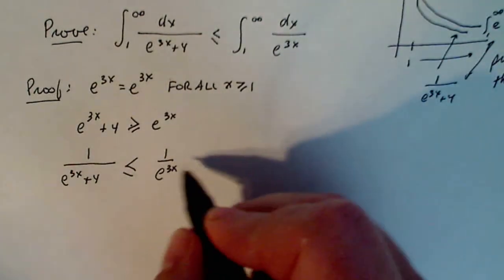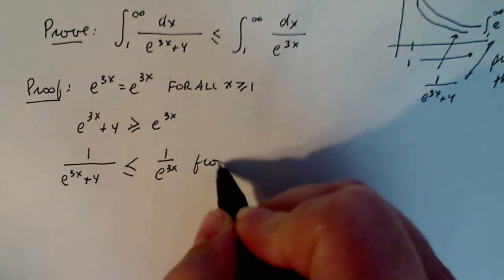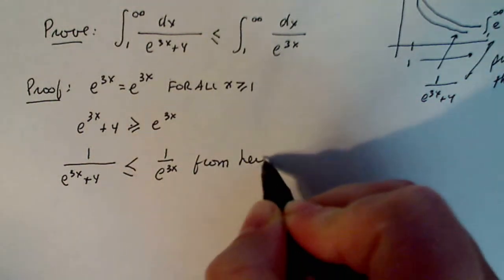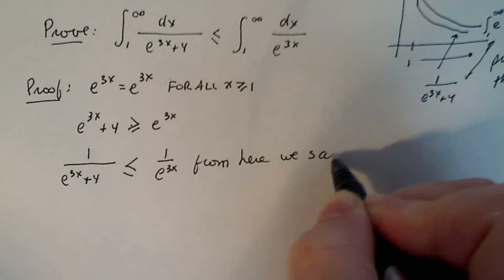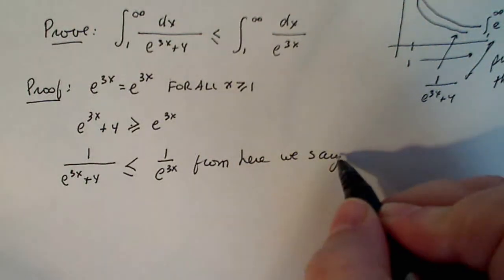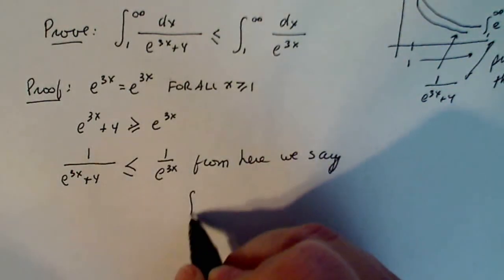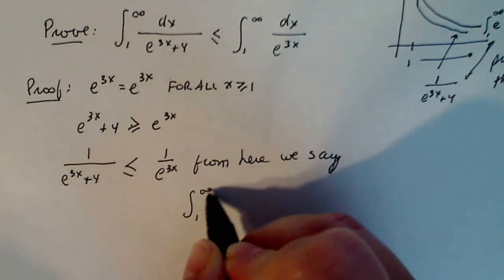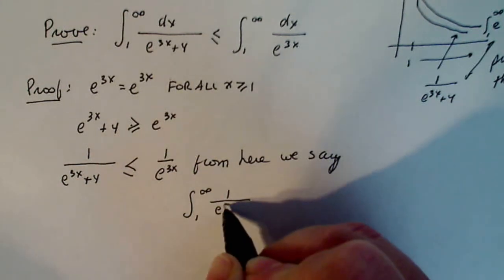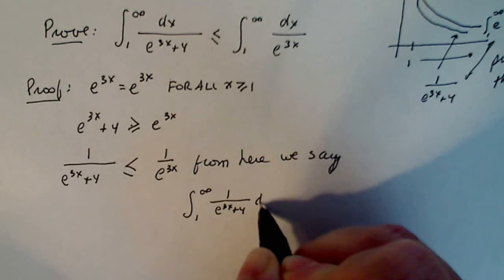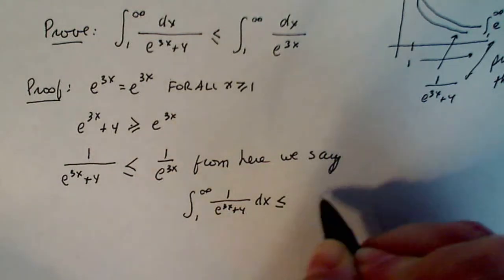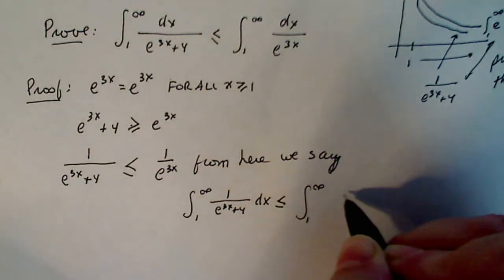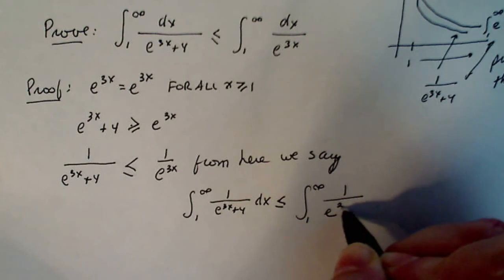And from this point, we can say that the integral from 1 to infinity of 1 over e to the 3x plus 4 dx is less than or equal to the integral from 1 to infinity of 1 over e to the 3x dx.